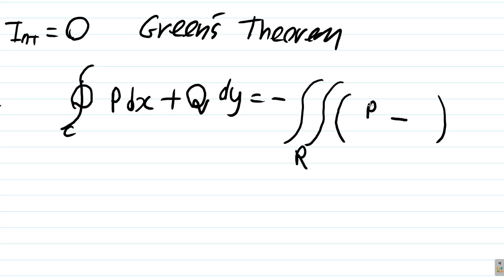You're going to have P and then Q, just like how you have the P and Q here. Alright? P is the horizontal component, but you're going to differentiate it with respect to the vertical axis. We're going to see how the horizontal and vertical change.